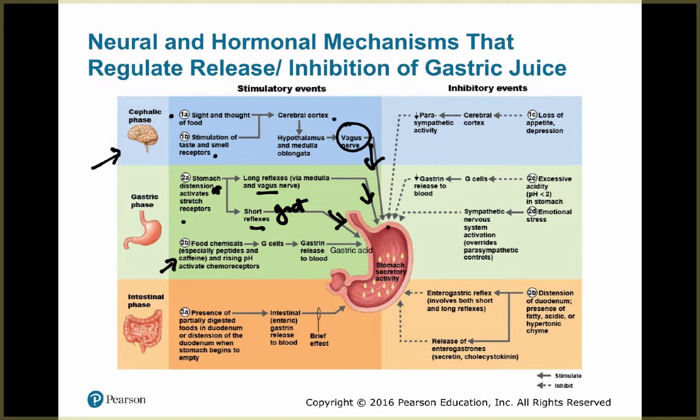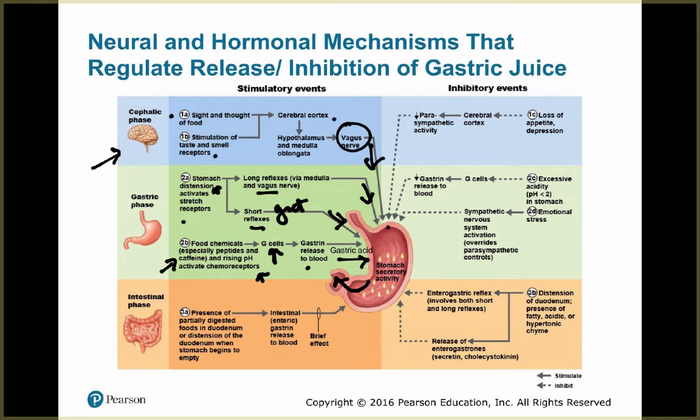They're going to help raise the pH, which will activate chemoreceptors, activate the G cells, and the G cells are those enteric endocrine cells that will release gastrin to the blood, and that will activate gastric acids in the stomach, right? And then once you get through the tummy area and you're going into the duodenum, we'll get into the intestinal phase.